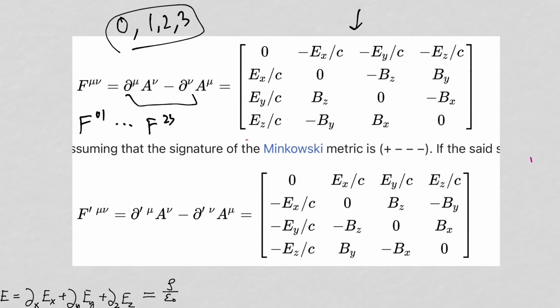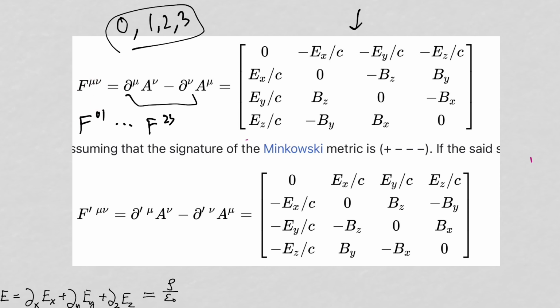The first thing you can notice from this definition is that F mu nu is antisymmetric. If you switch mu and nu, you switch the sign of this thing. Indeed, this whole thing is obviously antisymmetric. The diagonal is 0. That's important. And this is the definition of the electromagnetic field tensor, F mu nu.